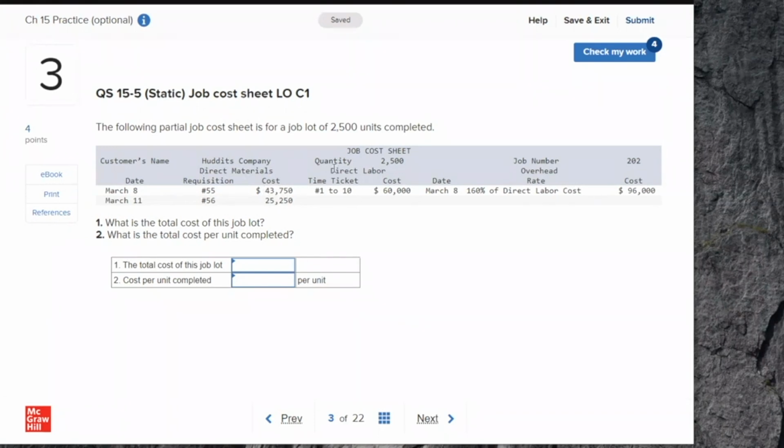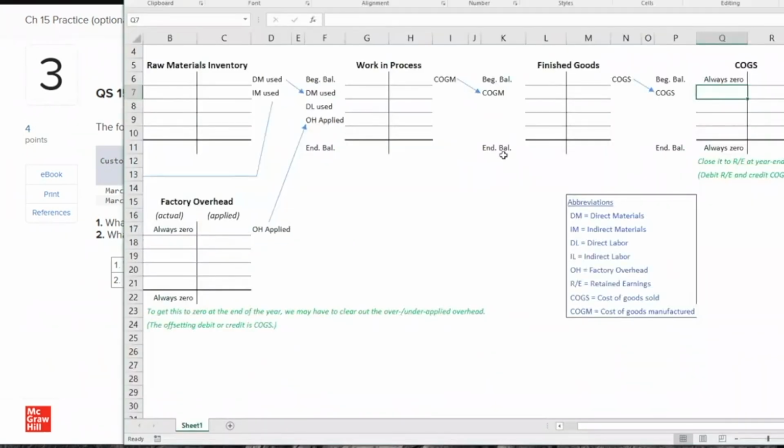And as far as direct labor goes, we basically paid our people $60,000 so far to do these jobs. And as far as overhead goes, now this is where we're going to get into the overhead application stuff. So let me just back up a second and talk about this.